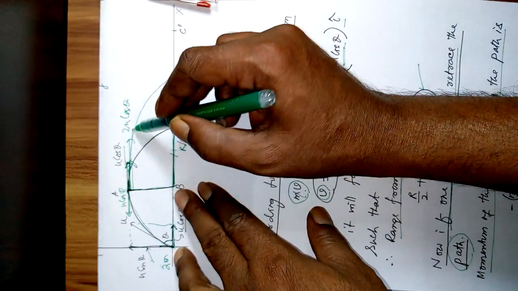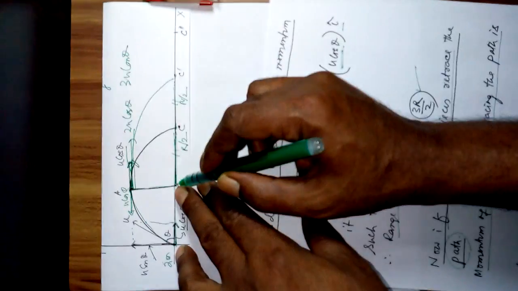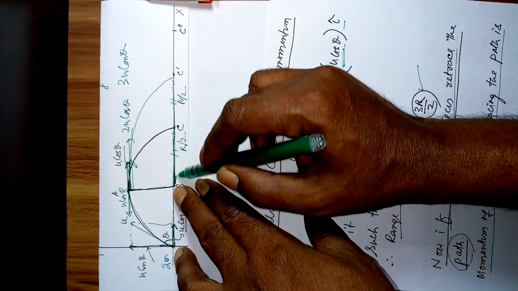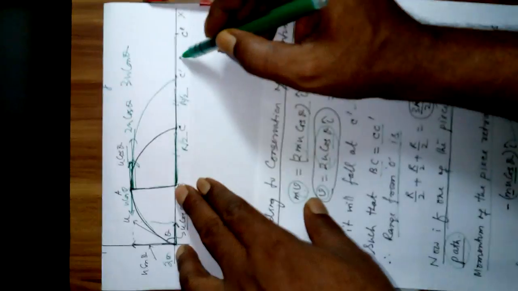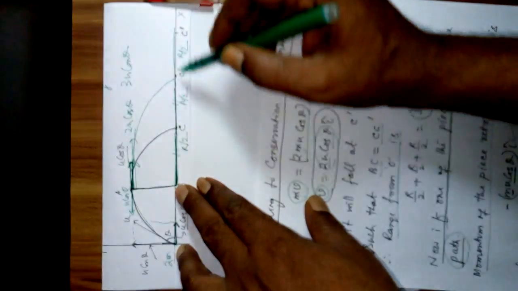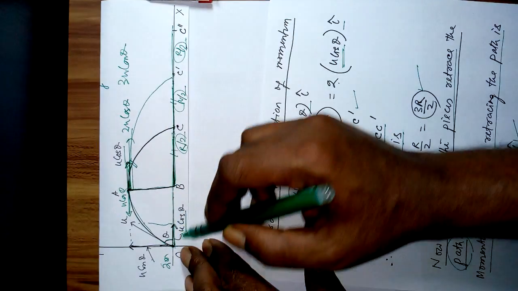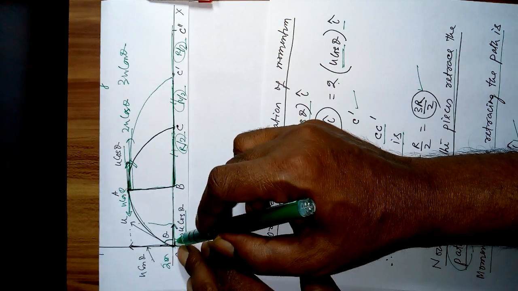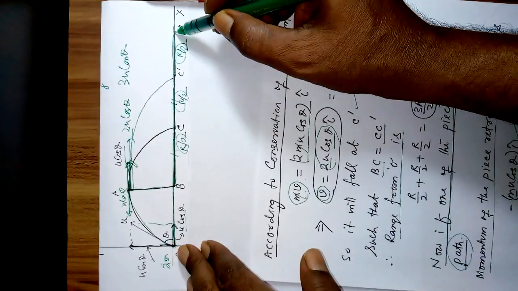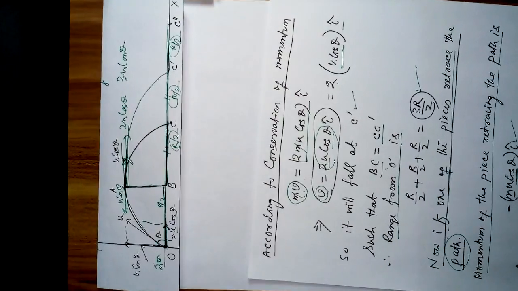So due to 3 u cos theta, it will arrive 3 times this distance, R by 2 plus R by 2 plus R by 2. That is from here at a distance R by 2 plus R by 2 plus R by 2, 3R by 2. Or you can say from here it will be equal to 4R by 2, because from here to here is also R by 2.